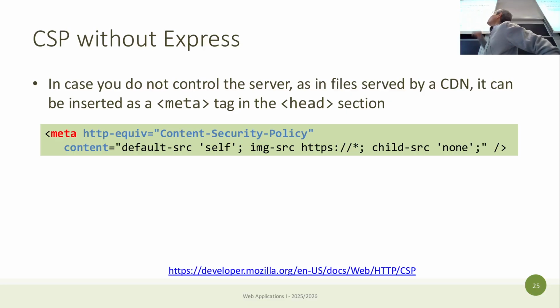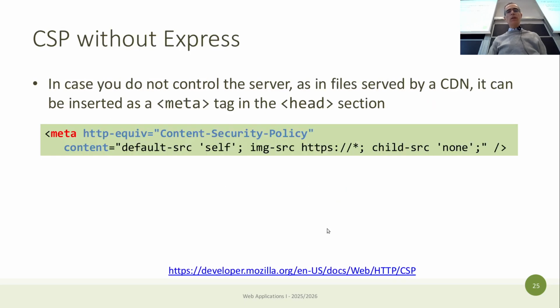And just modify your HTML document. The browser will read the head section before executing any content. You put it as one of the first instructions, and it's like you sent this header in the HTTP headers, okay? And so you can specify where content can be taken from and so on, with a special syntax.